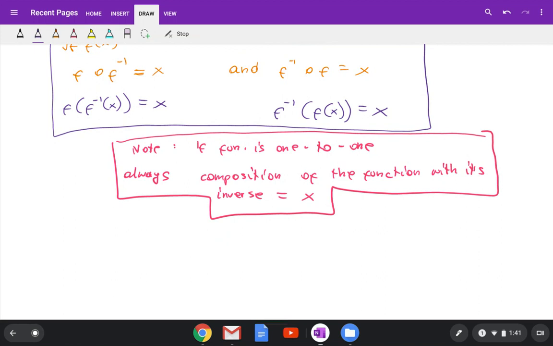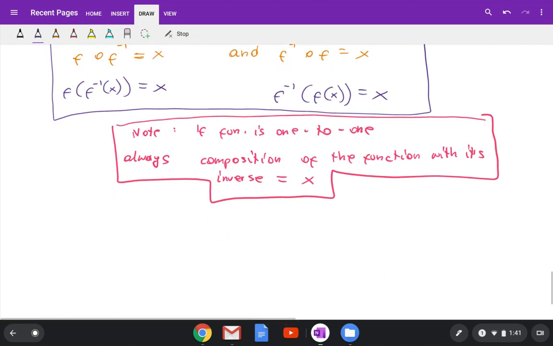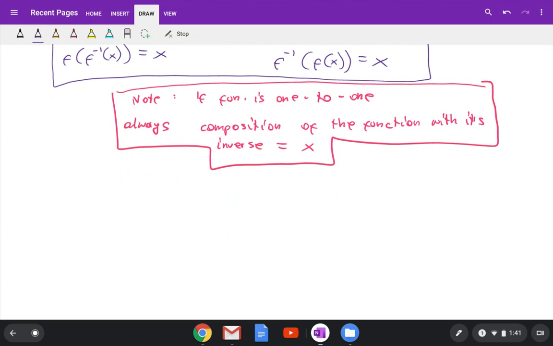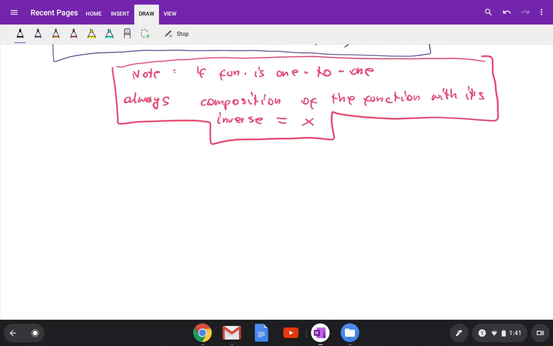Inverse function and original function, if they are one to one, they always will be symmetric with respect to the y equal x. So I will write this down later, but here we're going to focus on verifying inverse functions.